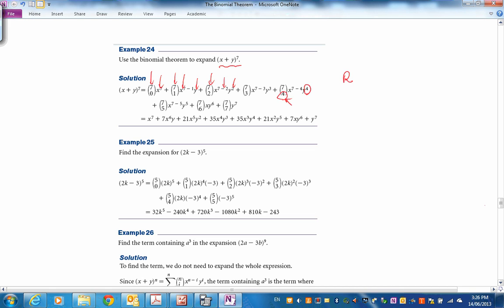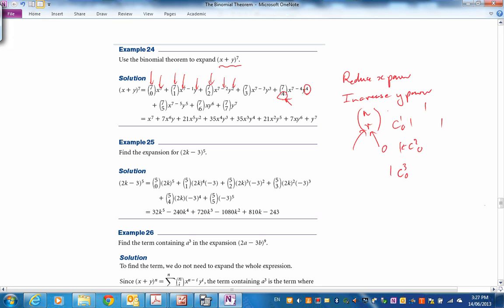So reduce the x power, increase the y power by 1 each time, and set up your combination expression in the front, where this is n and this is r, and r starts at 0 on the outside of Pascal's triangle. So this is C1 0, the next row C2 0, C3 0. Don't forget that r starts at 0 there.